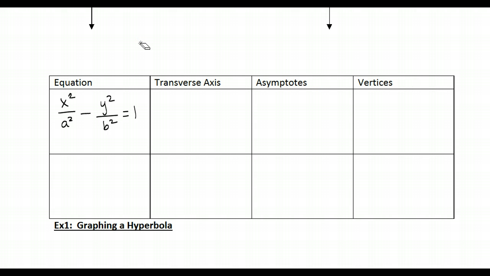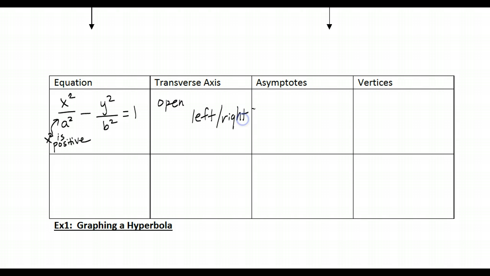If you have the x squared first, what's happening right now is x squared is positive and the y squared is negative. The transverse axis is horizontal, and my graph is going to open left or right.